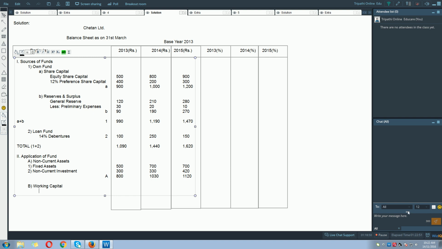So let us number this as A, non-current assets.